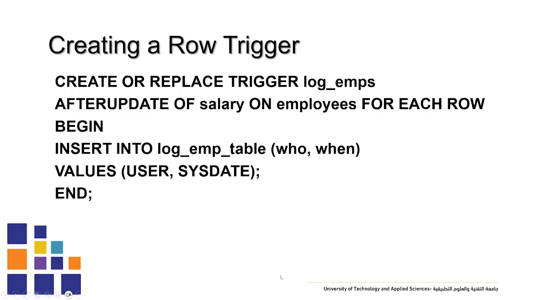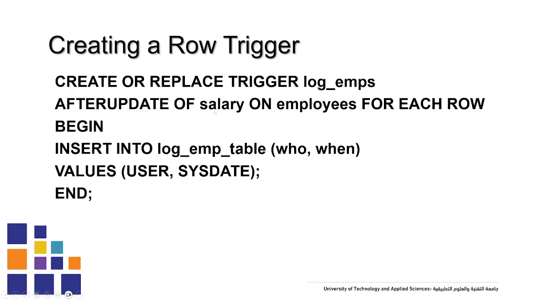This will only affect employees whose department is equal to 50. Right, so let's have this create trigger as a row trigger, and normally what will happen is that every time the salary column in the employees table is updated, the trigger will be executed after the update operation of the salary column.